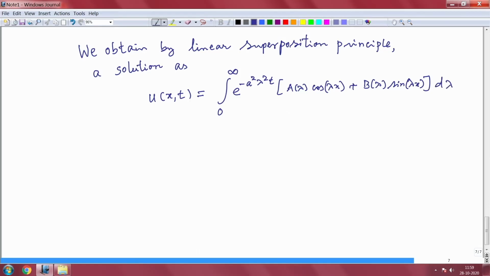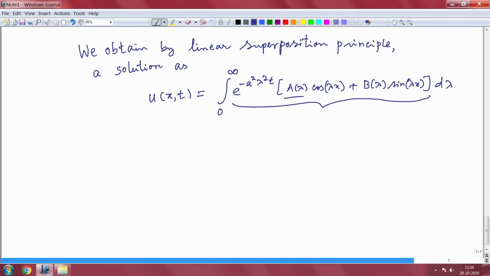So, in the beginning I said that these arguments are not rigorous, because we do not know whether this integral is finite or not, but for the time being assume that they all make sense and formally differentiate under the integral sign. Since these integrands satisfy the heat equation, we just say that u also satisfies the heat equation.